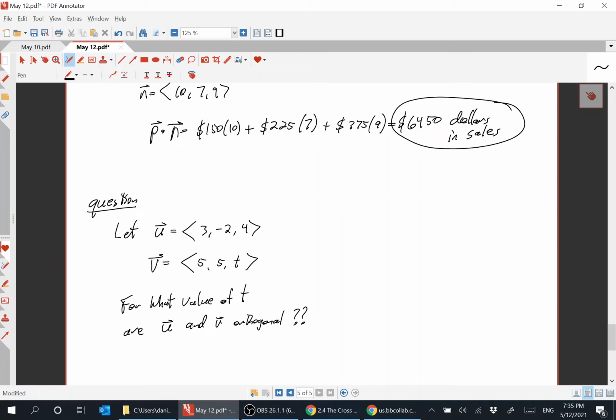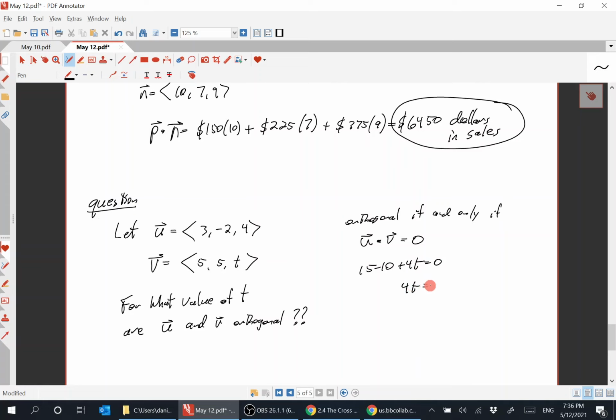How would I set up such a problem? Wouldn't you just plug them all into the dot product? So it'd be 15 minus 10 plus 4t equals 0. Yeah, you want the dot product to be 0. So u and v are orthogonal if and only if u dot v is 0.